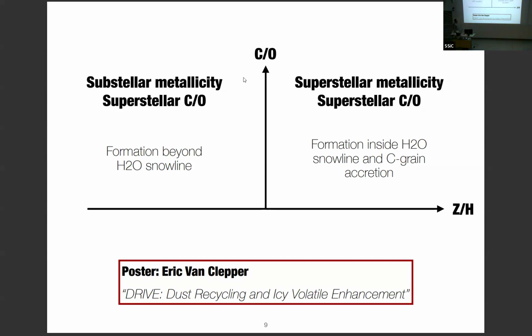Whereas if you have a low metallicity and high C to O ratio, you might infer formation beyond the H2O snow line. This has plenty of complications that are highlighted, including one poster here today in the back corner from Eric, and I highly suggest you look at that poster.